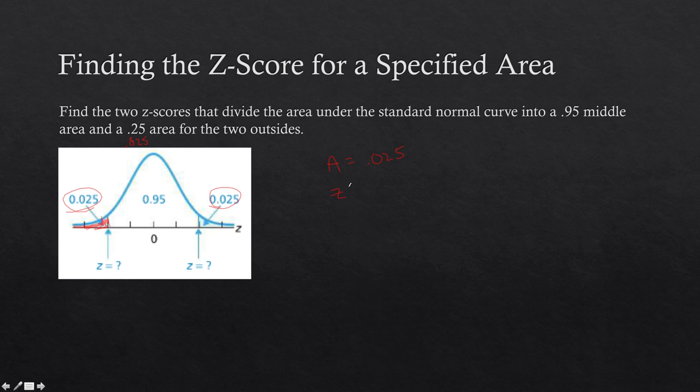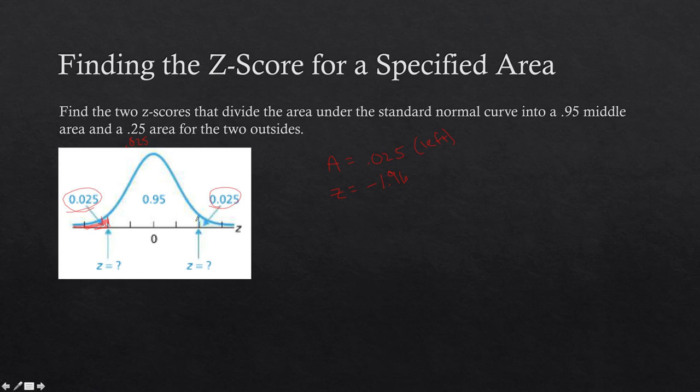And so your z-score that gives you an area of 0.025 to the left is going to be negative 1.96. If you read your table, this will be a good opportunity for you to pause the video and practice reading the table to see if you got what I did.